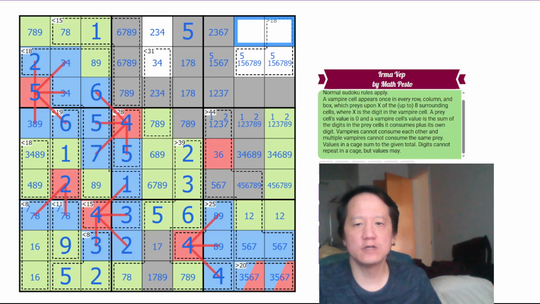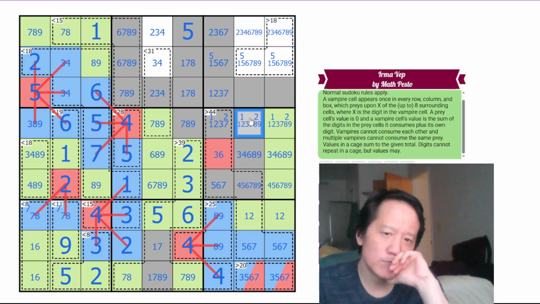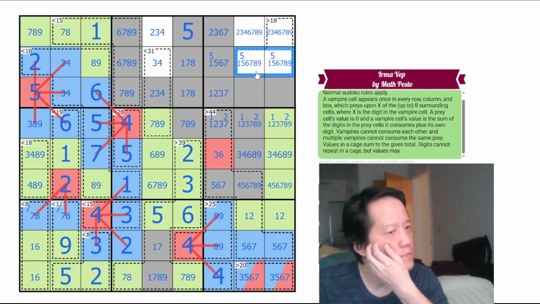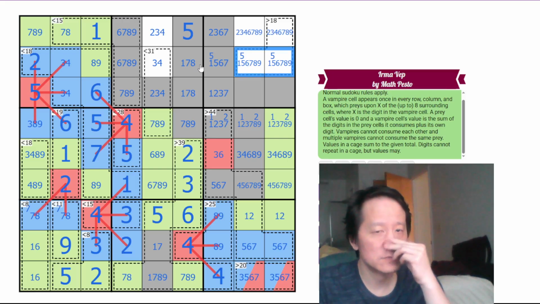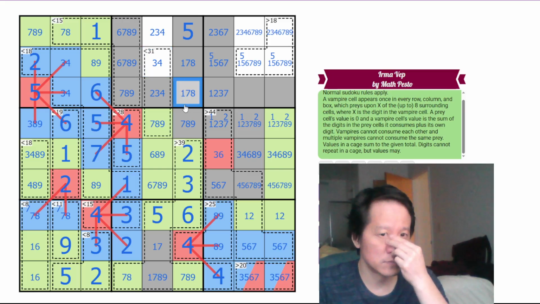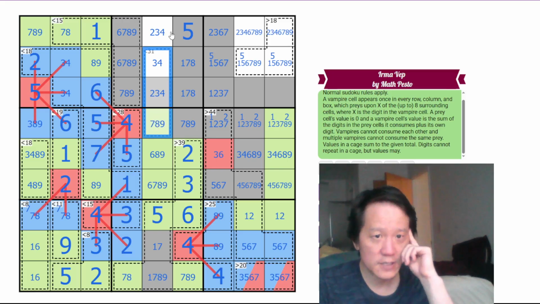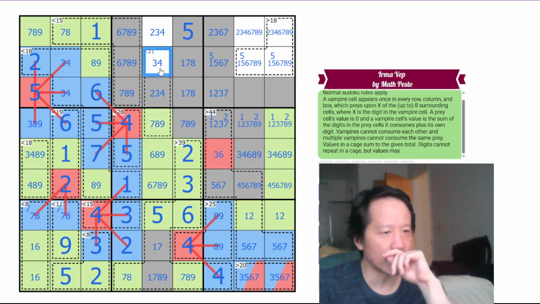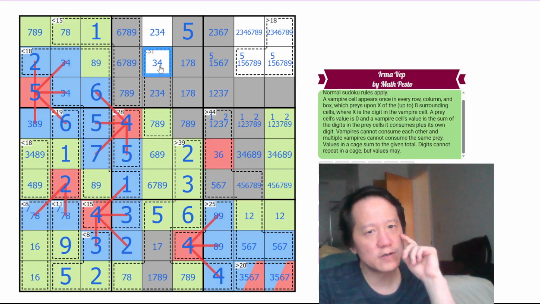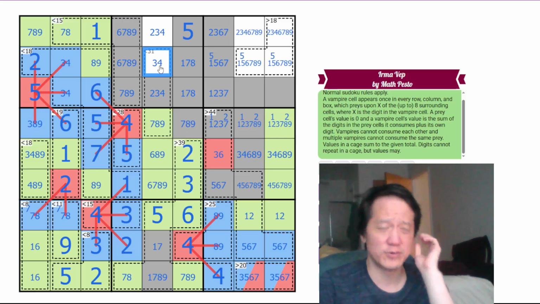These digits here in row 1 are 2, 3, 4, 6, 7, 8, and 9. Obviously, if this is not the vampire, this is less than 31. If this is the vampire, there aren't that many restrictions, though. Less than 31 is still pretty high.